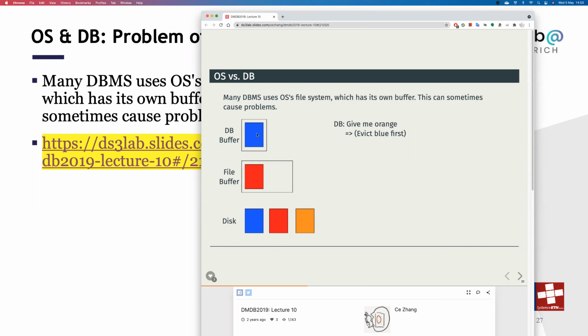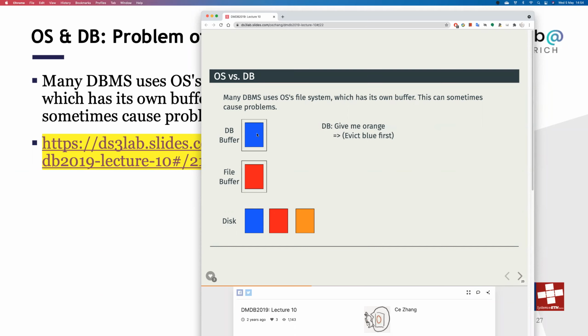If you just do that, think about what the operating system is going to do, right? It's going to trigger one miss in the file buffer, and the operating system, in the default setting, is going to bring in the blue page to the file buffer, update it, and write it back.